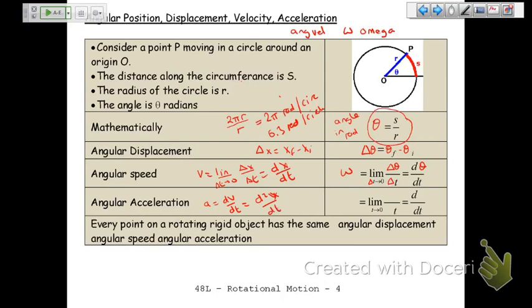And what we say for that is that alpha, it's just the Greek a, alpha is equal to the limit, delta t goes to 0 of delta omega by delta t, which is d omega by dt. And this is omega and this is alpha. And that is theta, you know theta.